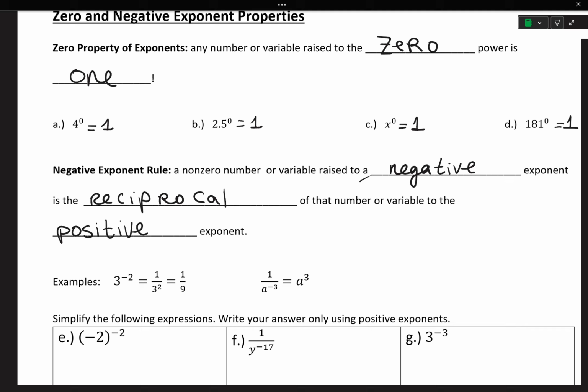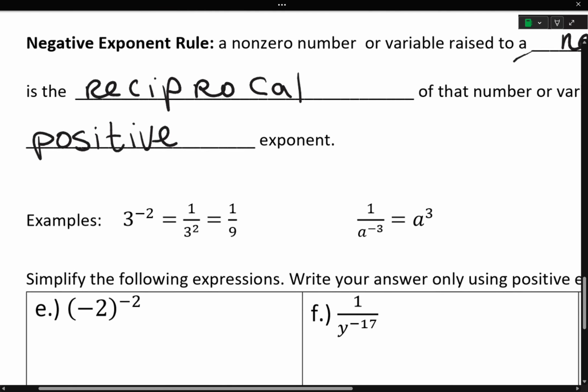A reciprocal is a word that's related to fractions. Reciprocal really means take our fraction and flip it. So a negative exponent tells us that we are on the wrong side of the fraction line. Flip me. So here are the two examples I have.